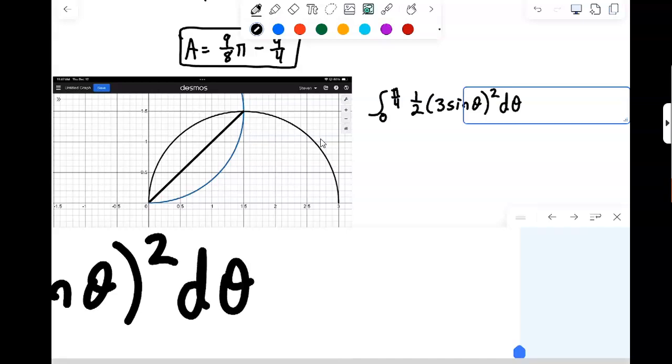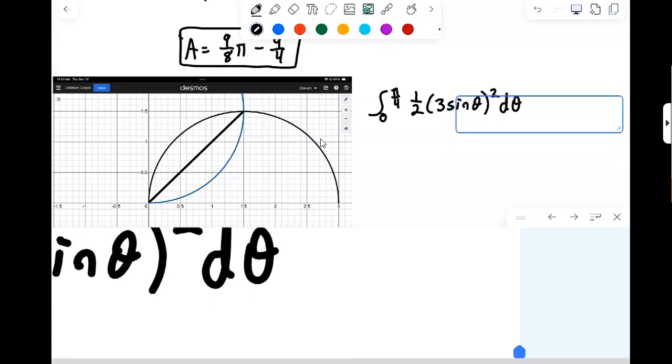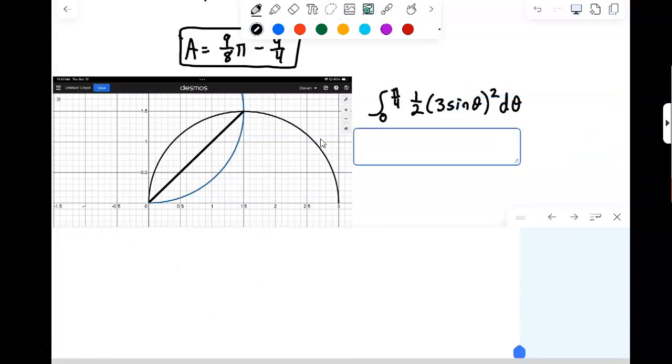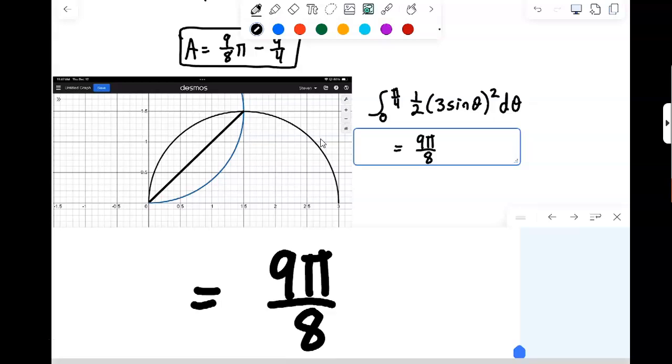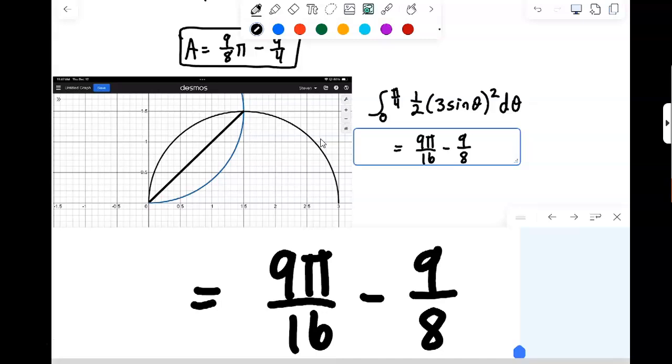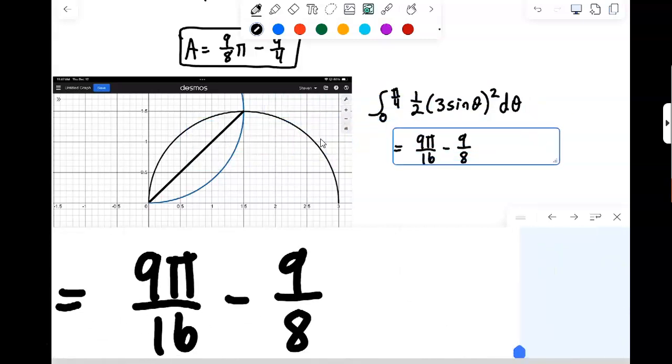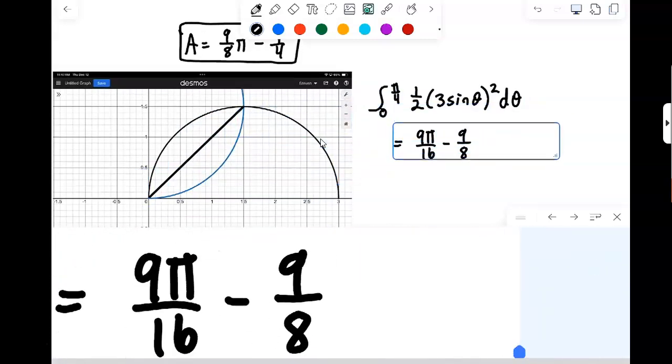And you can go through the process of working that out. And what you should get when you do that is 9 pi over 8, or sorry, 9 pi over 16 minus 9 over 8. That'll be the area for that first piece, the little blue piece there.